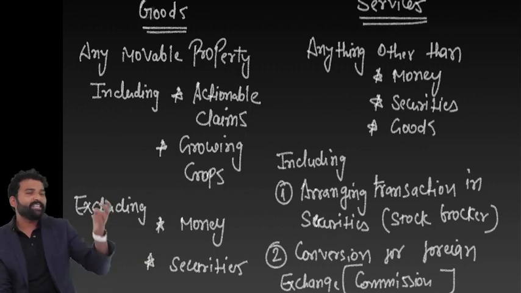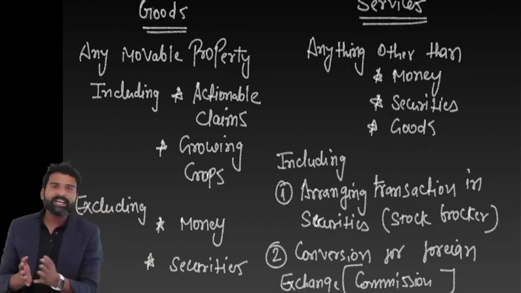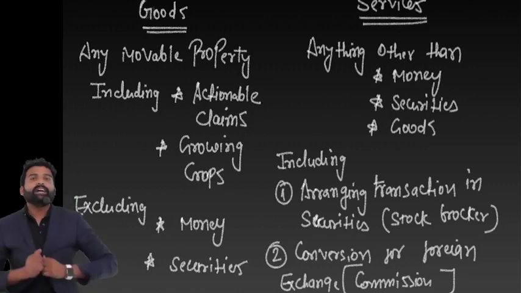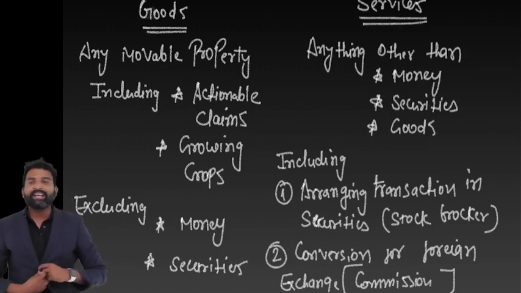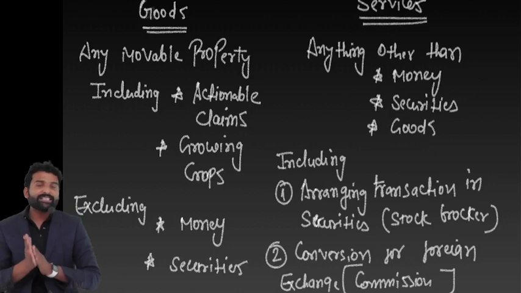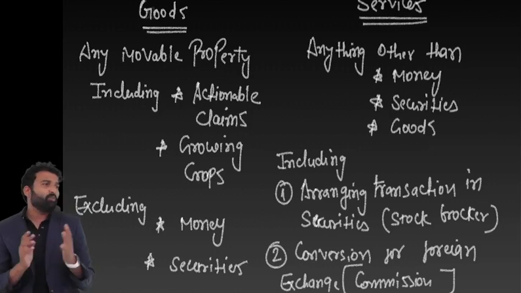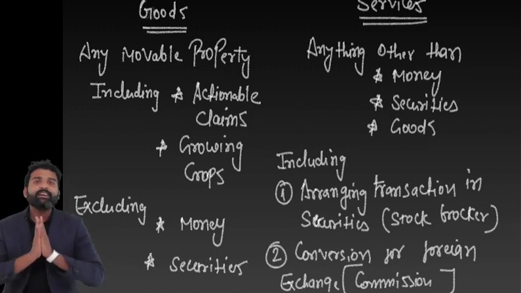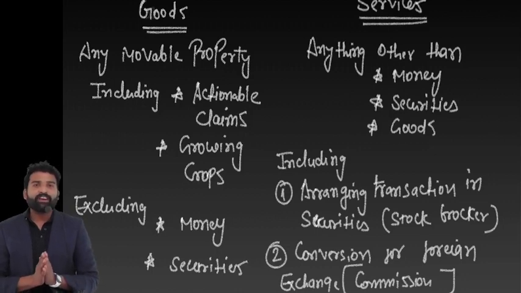Third important condition, consideration. Whether it is monetary or non-monetary, it doesn't matter. But if there is any consideration, then of course it is covered in the definition of 7(1)(a). Fourth important condition is it should be business. If there is any trading, profession, manufacturing, wager, any kind of adventure, any activity, whether for monetary or non-monetary benefit, it doesn't matter.